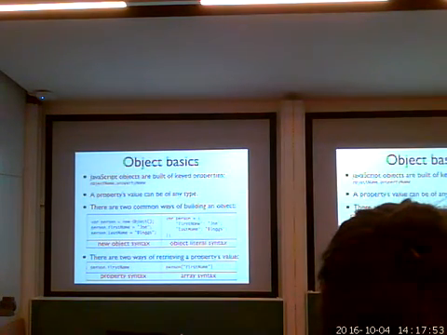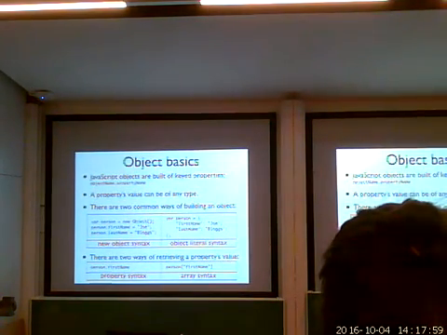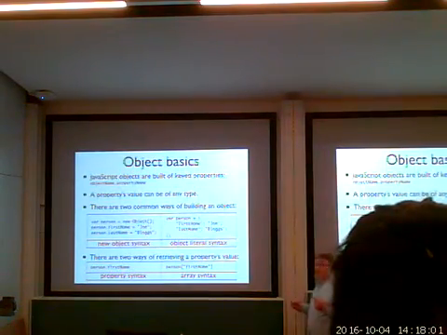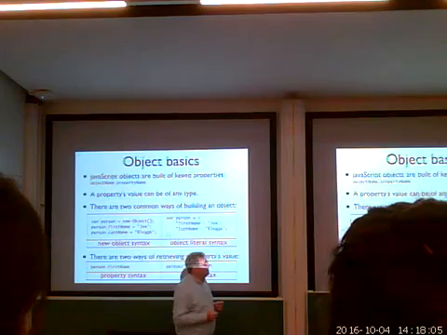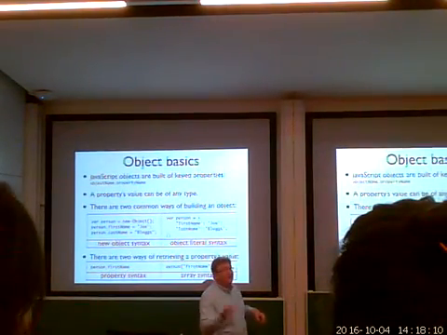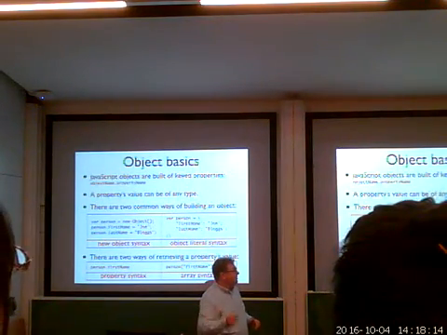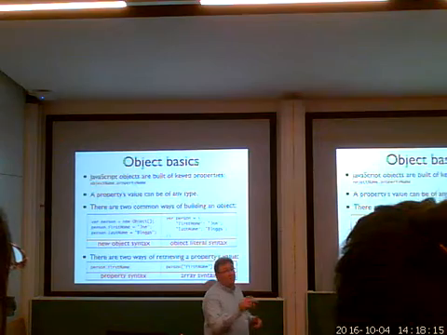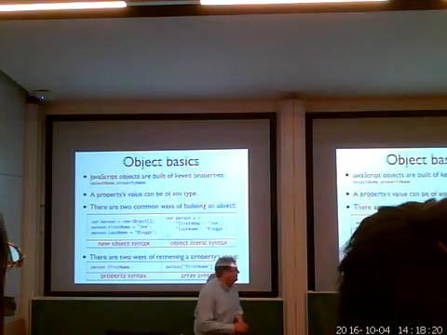Alternatively, and somewhat more neatly, we can use what's called the object literal syntax, and we can actually just use a pair of curly braces and define the object within that block, as is illustrated here. So you can say person equals curly brace, first name, colon, the value, last name, colon, the value, and close the whole thing off.